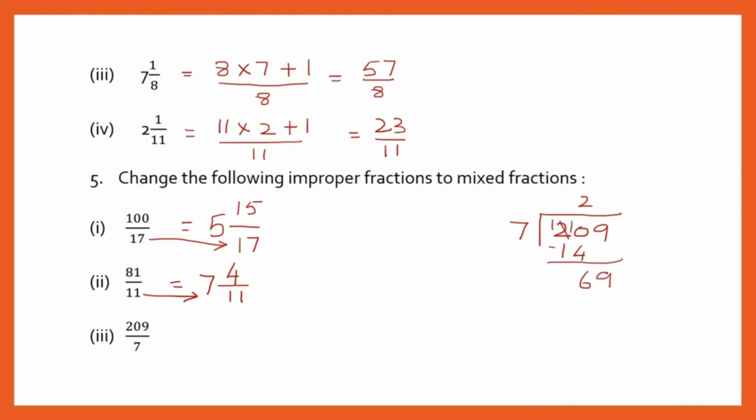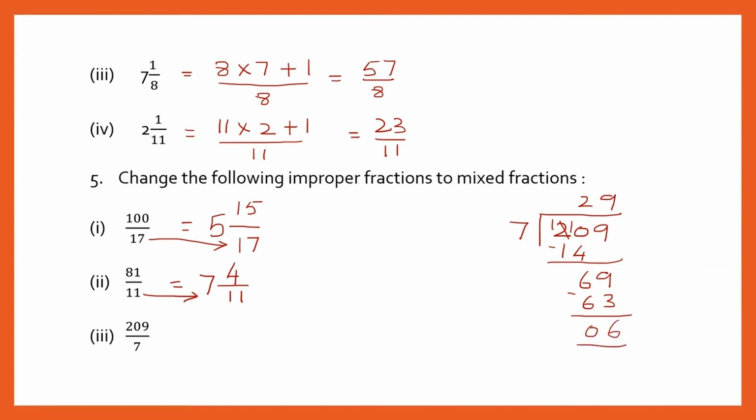I bring down 9, 69. Now get a number close to 69. So 7 9s are 63. So I write 63 and I subtract 9 minus 3 is 6. And 6 minus 6 is 0.